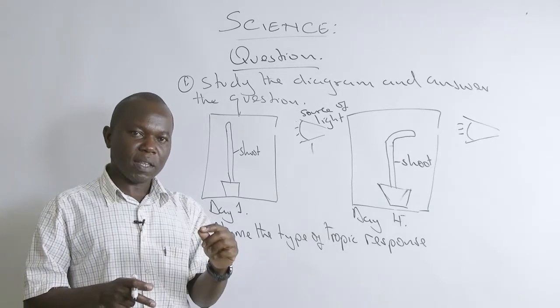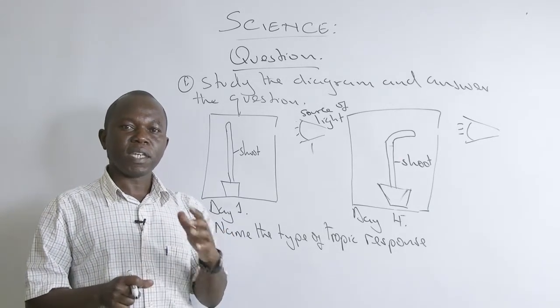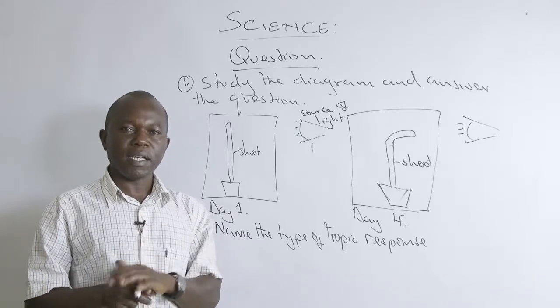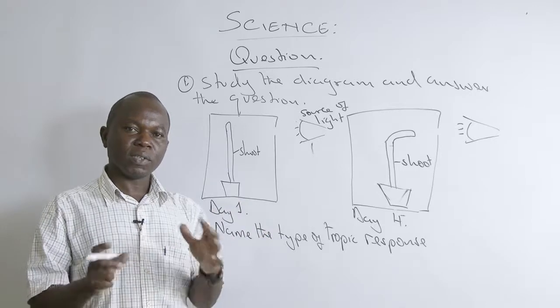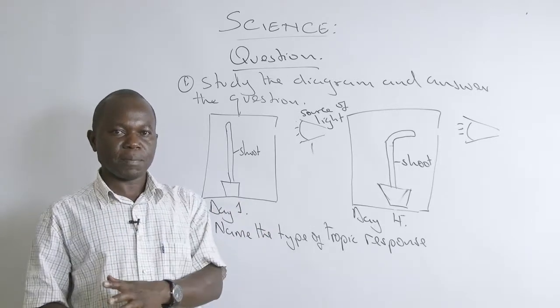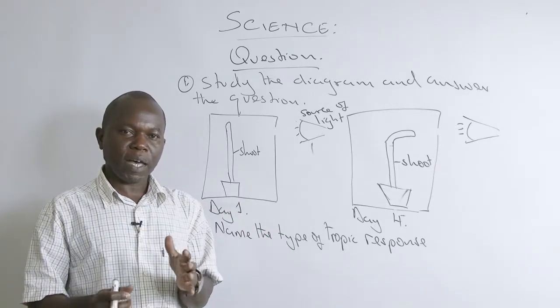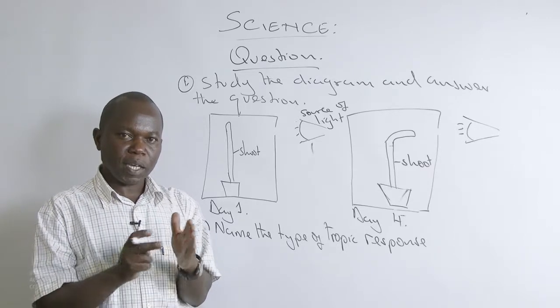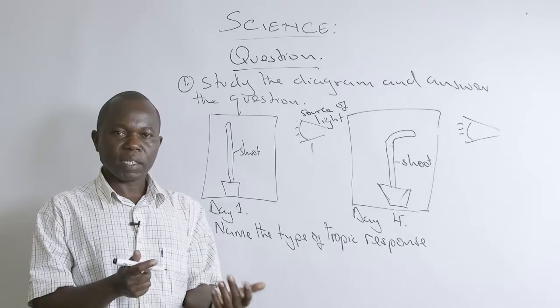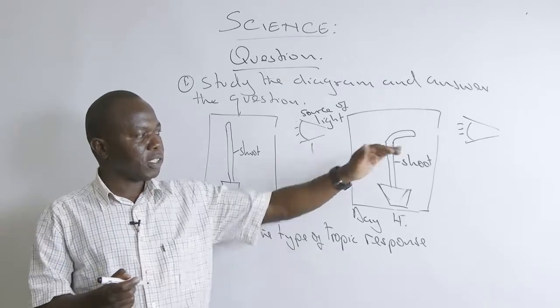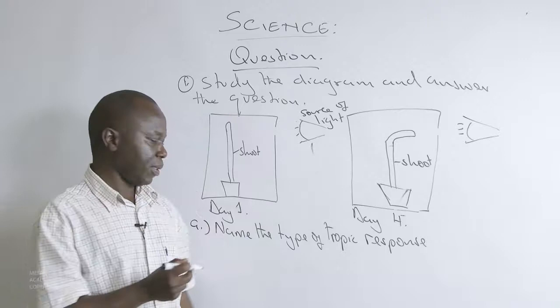If it is towards, it's positive. If it is away, it is negative. So because of that, we are not just going to say phototropism. We must be able to classify the type of tropic response either as negative or positive. So for this case, we shall say it is positive phototropism.